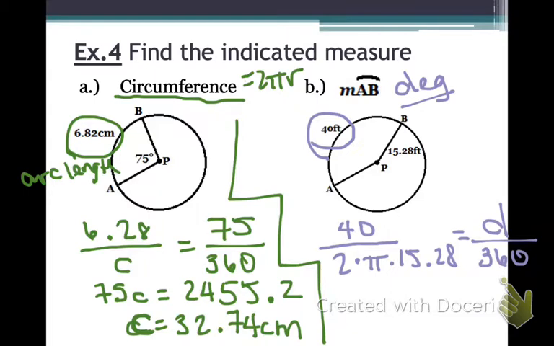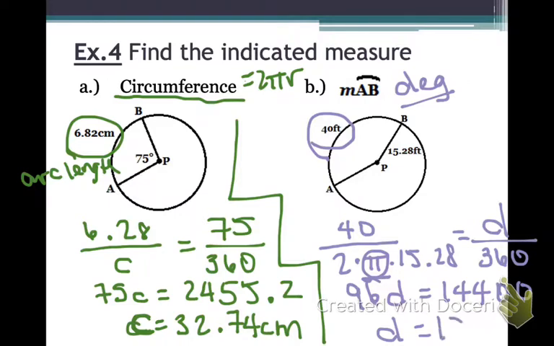Cross multiply, and then divide by 96. Now, on this problem, I did go ahead and multiply by the pi. I did do this one a little bit differently, so I apologize about that. But you should get 150 degrees when you do this problem. I took 2 times pi times 15.28. That's where the 96 comes from.